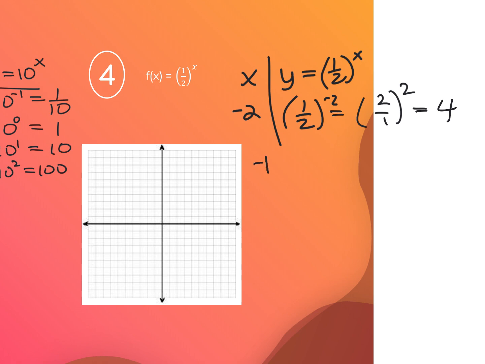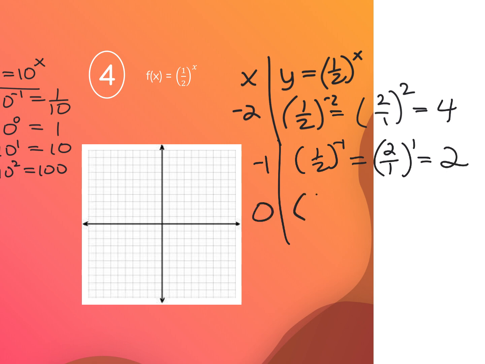Then if I plug in -1, 1/2 to the -1 power, again, think reciprocal, then make the power positive. So this is just 2. Then when I plug in 0, anything to the 0 power equals 1.